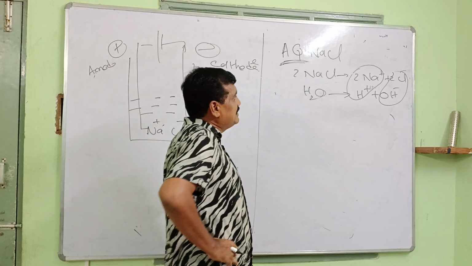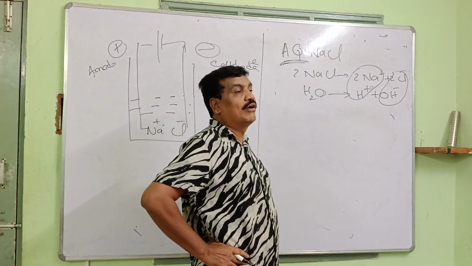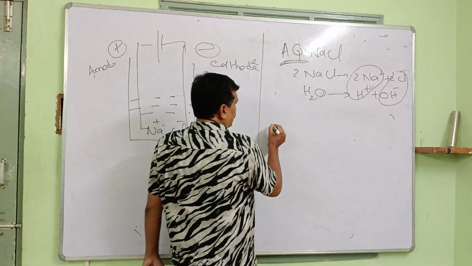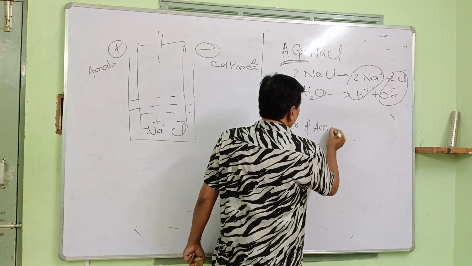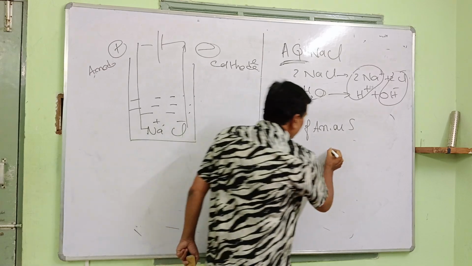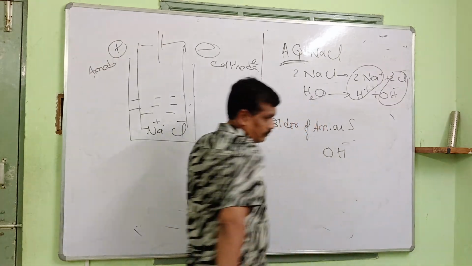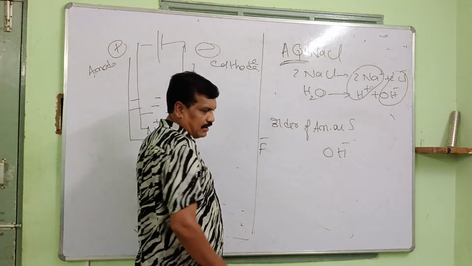How do we know which is lowest and which is high? Then we have an order of anions. I will write the order of anions. Generally, OH- is an anion, and fluoride is there, it is an anion.